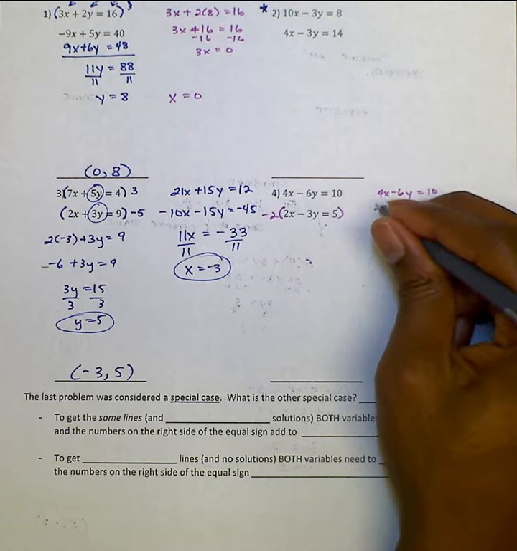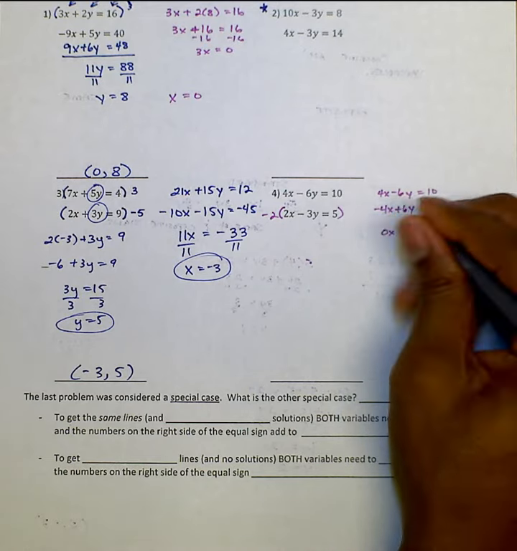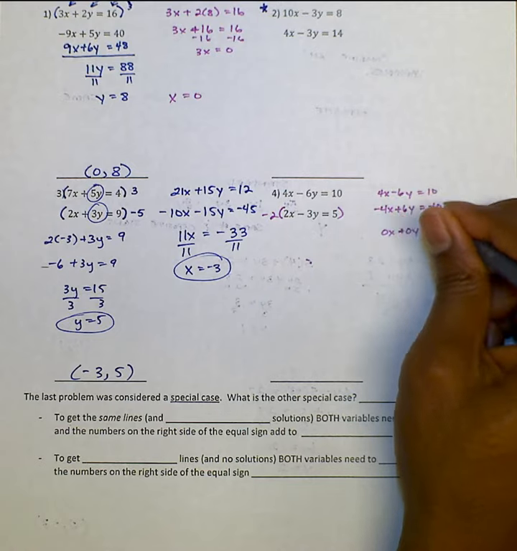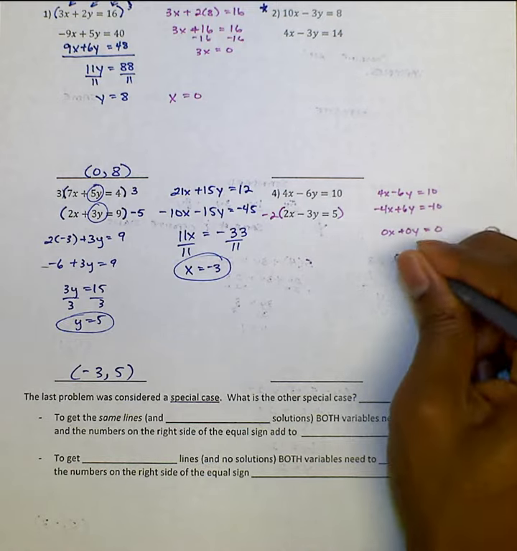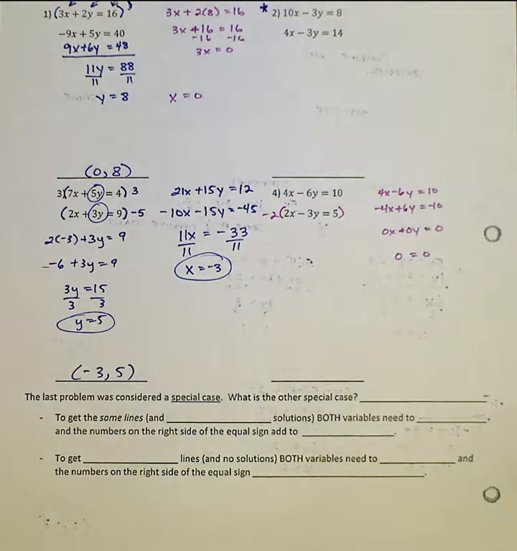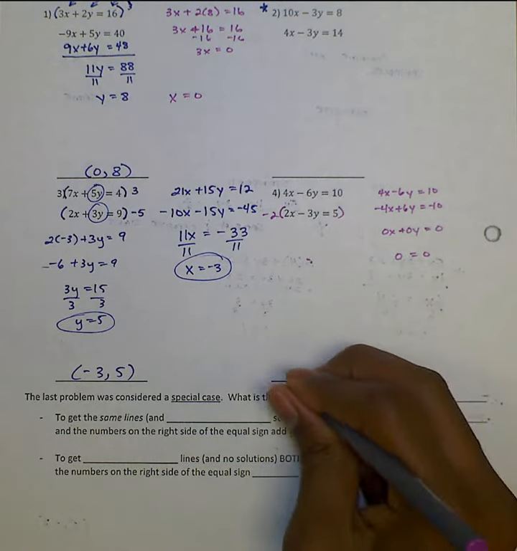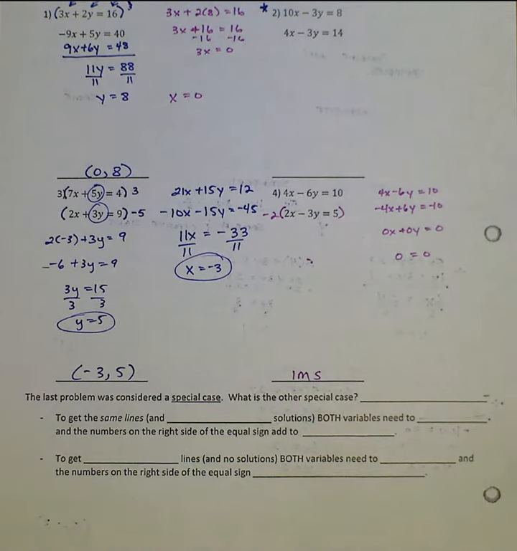Combine my equations, 4x minus 4x gives me 0x. -6y plus 6y gives me 0y. 10 minus 10 gives me 0. So really on this left side I have 0, and on the right side I have 0. I have no variables left. I have a statement that's true, 0 equals 0. I have infinitely many solutions.